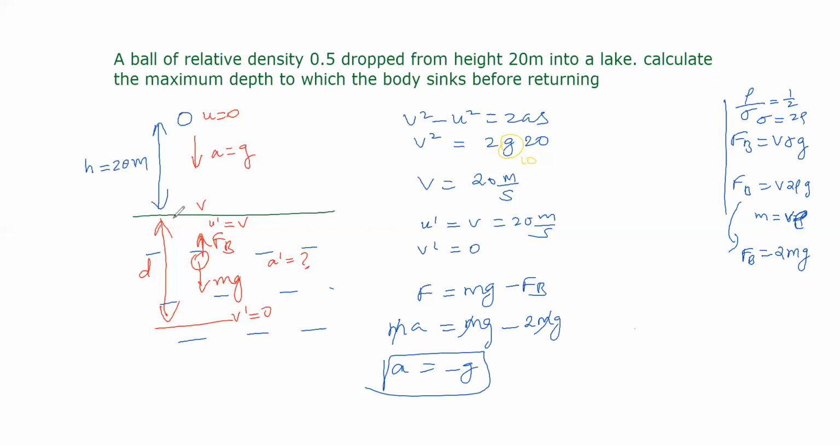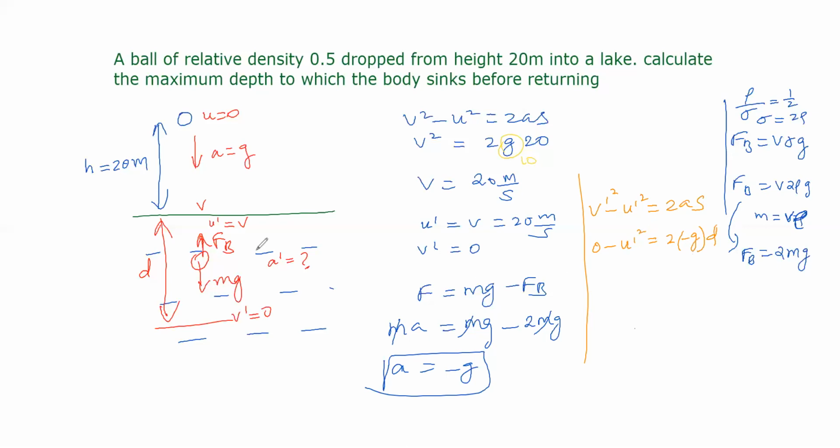Now from this point to this point inside the lake, we take v dash square minus u dash square, final velocity square minus initial velocity square, equal to 2as. V dash is 0, so minus u dash square is equal to 2 into a, which is minus g, into s, the depth to which it moves down.